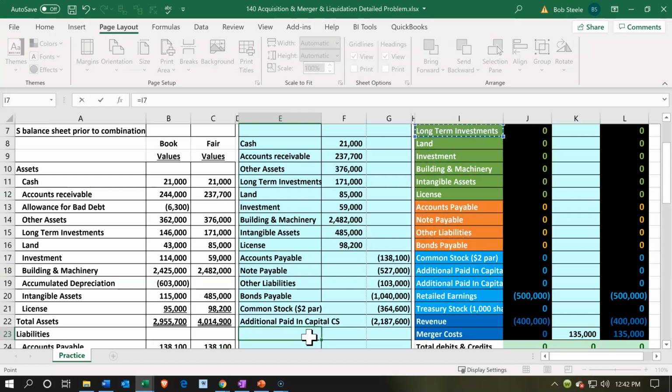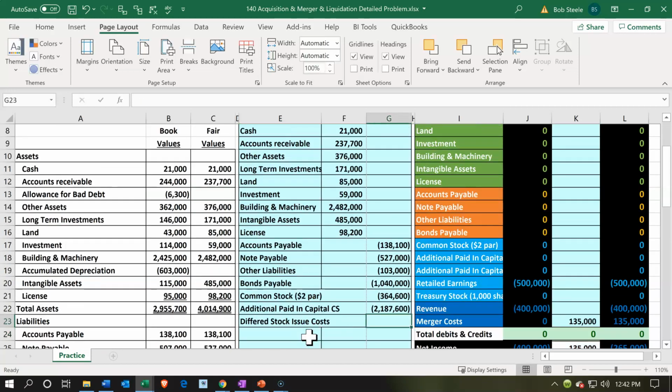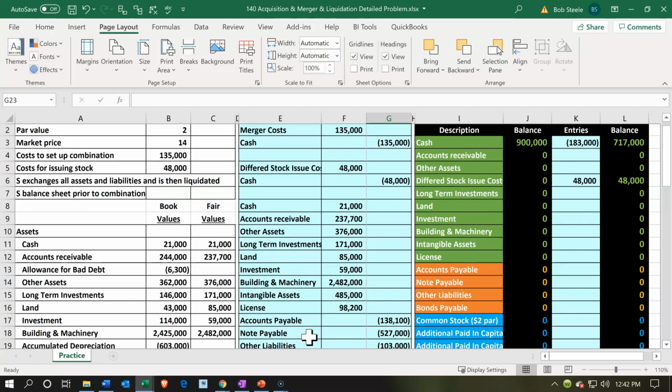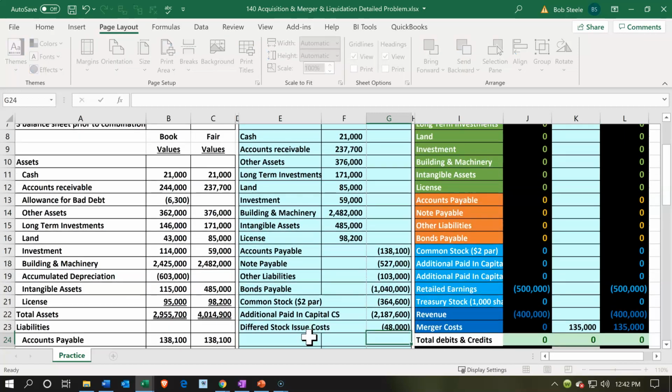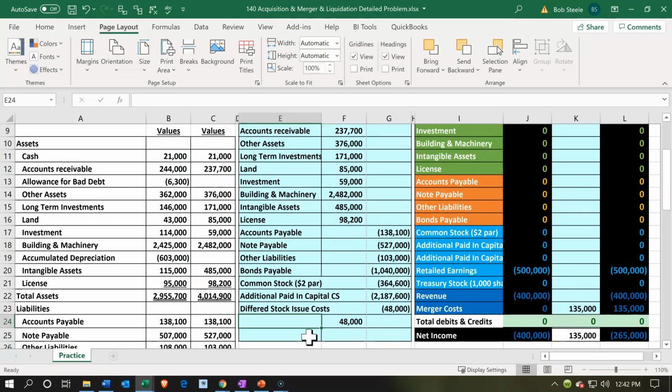So I'm going to go back up top and say the deferred stock issuance cost needs to go down. And that's for the 48, so I'm going to say negative 48,000. The difference is also going to go to additional paid in capital. So it's going to be included basically as part of the issuance cost.